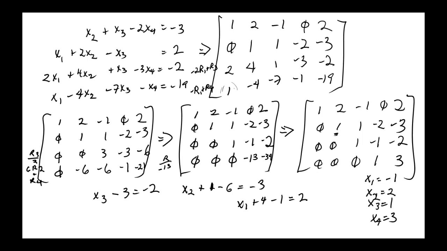All right. Now we're going to look at another example, a little bit shorter, thank goodness. This is 4 equations, but only 3 unknowns.